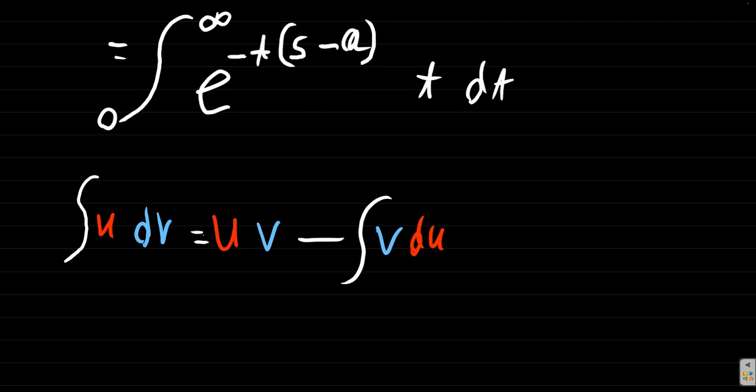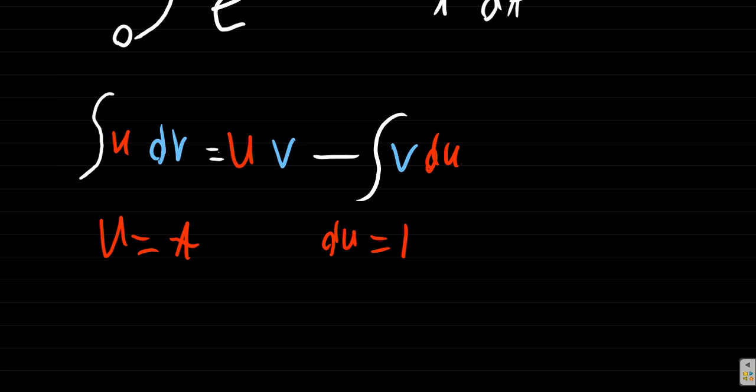Which one do we make u? Well, we want to make the one that simplifies when we differentiate it, because whatever we make u, we have to differentiate it. So make u be equal to t, so that when we differentiate and get du, we get 1. We're differentiating with respect to t, just like how we differentiate x with respect to x and we get 1. When we differentiate t with respect to t, we get 1.